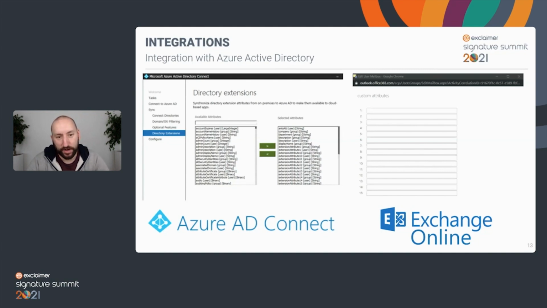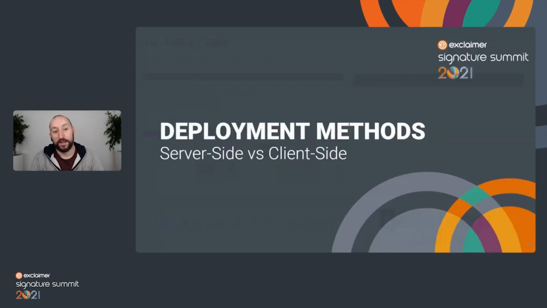With our integration with Azure Active Directory set up, we simply synchronize these details twice a day automatically, but it is also possible for you to trigger these synchronizations yourselves as a manual process. So with that explained, let's now turn our attention to the deployment methods, how signatures actually end up on the emails that are sent.